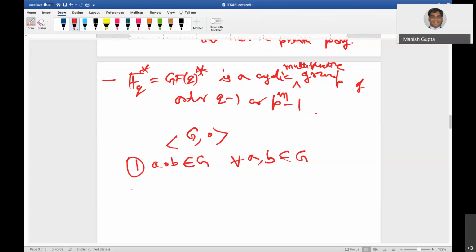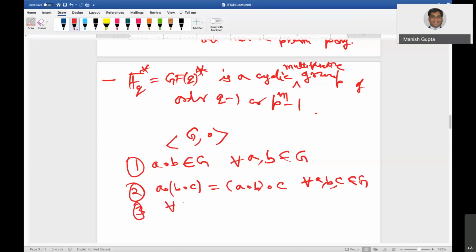What is the second property? Associativity: a circle b circle c is the same thing as a circle b circle c, for every a, b, c in G. Third property, existence of identity element: there exists e such that a circle e is equal to a is equal to e circle a.